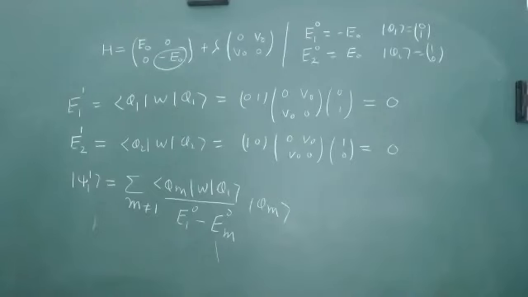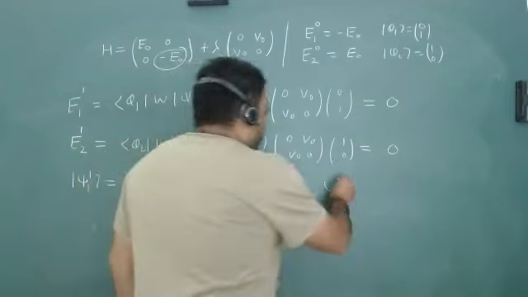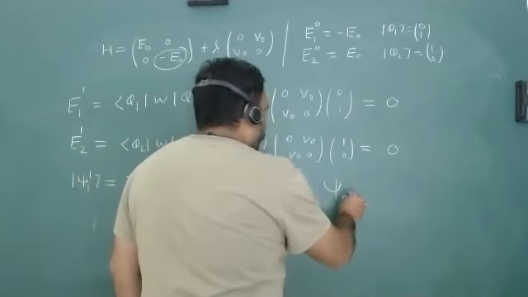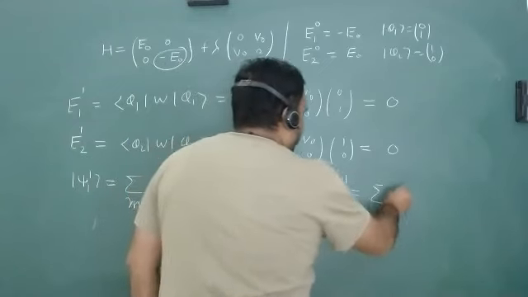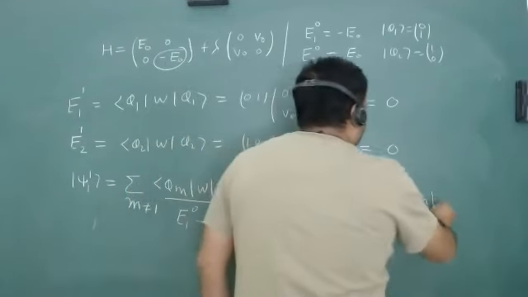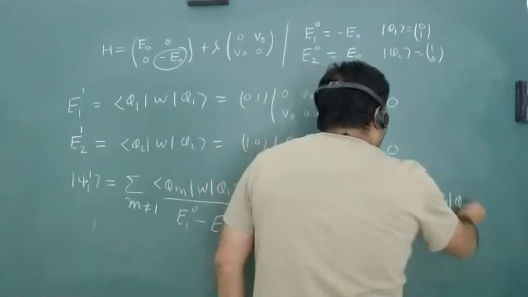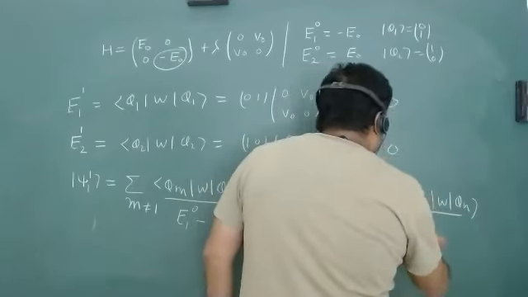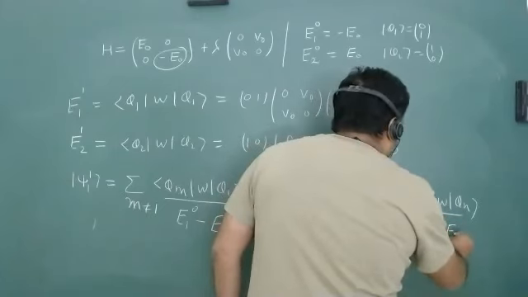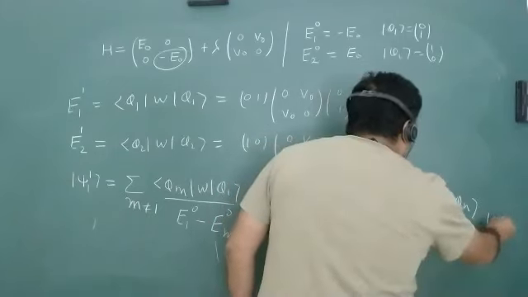Isn't it? This is very important to understand. Because what is your formula? Your formula is psi n1 is the summation over phi m W phi n, over En0 minus Em0, times phi m.